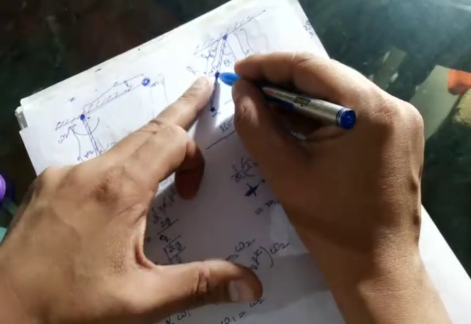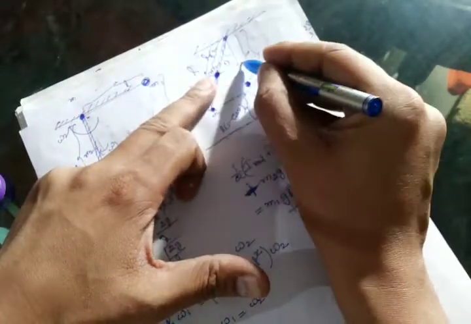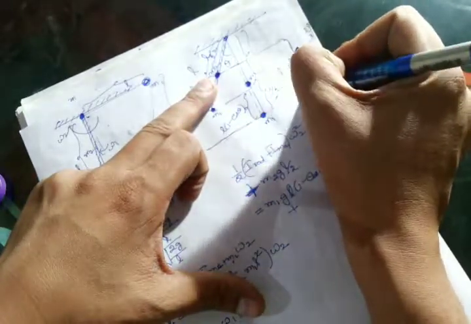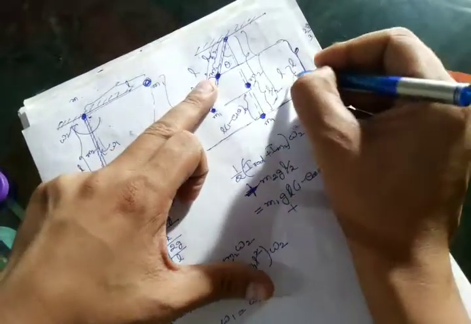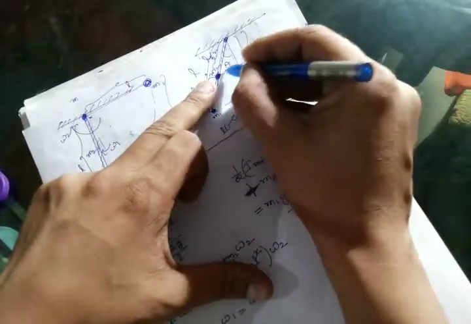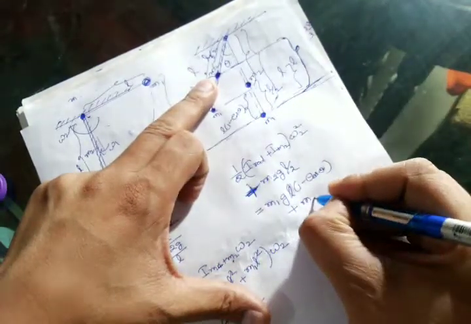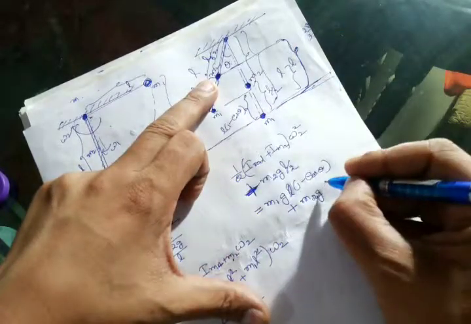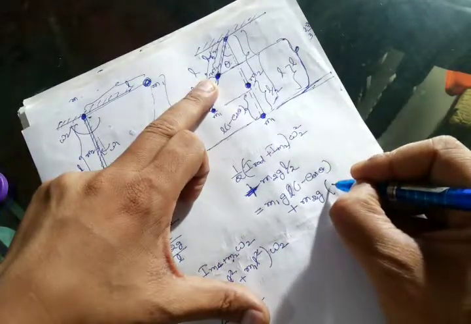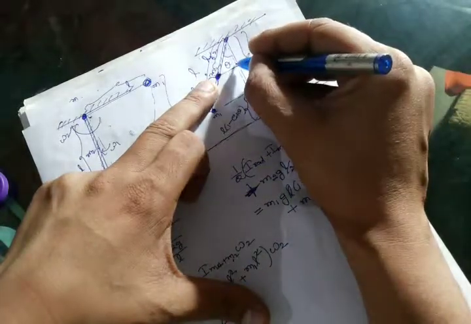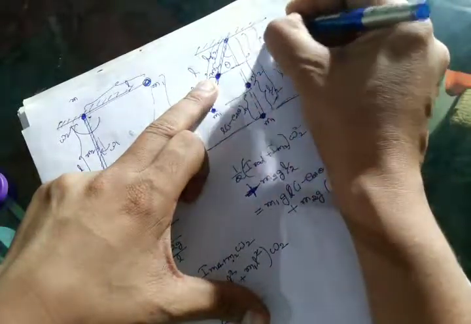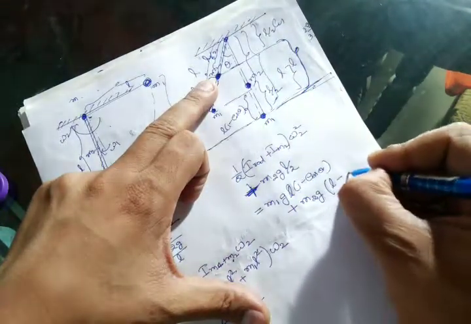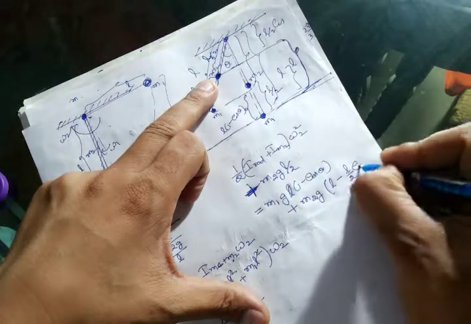What would be the new energy for m2? From this line I am calculating. So this will be m2 g, and this will be L by 2 cos theta, and the whole will be L minus L by 2 cos theta.